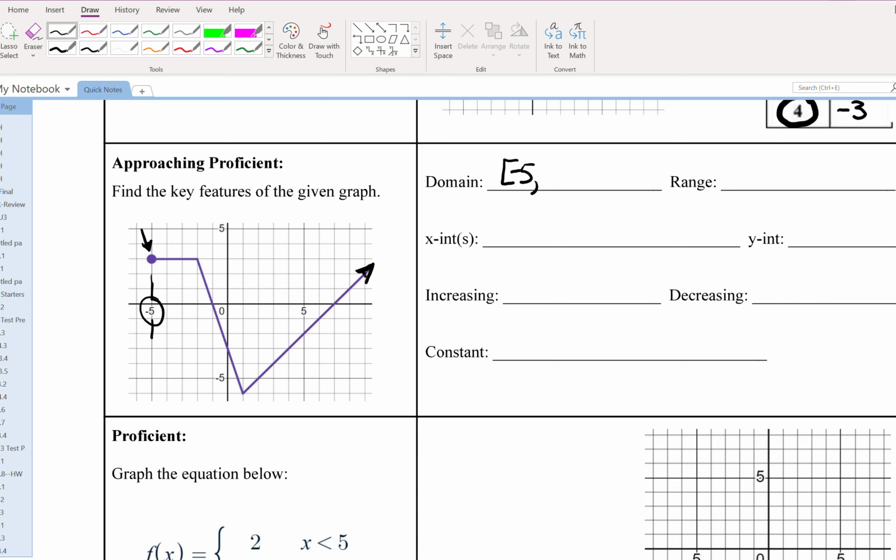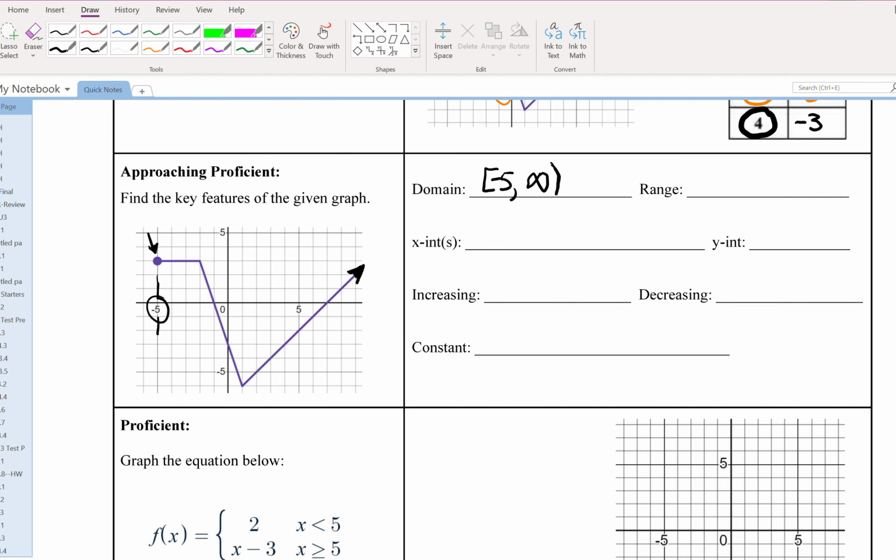We're going to show that with an arrow. That means its rightmost value goes to positive infinity, which is not a value, but it does go in that direction. And we always use parentheses at positive and negative infinity.